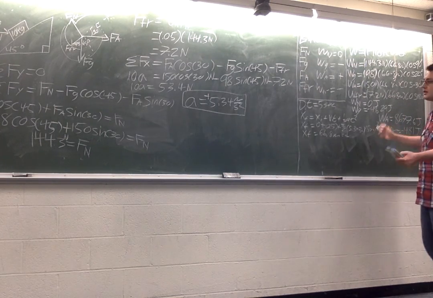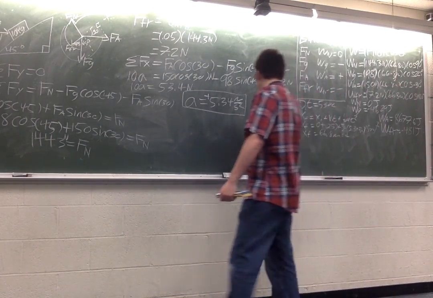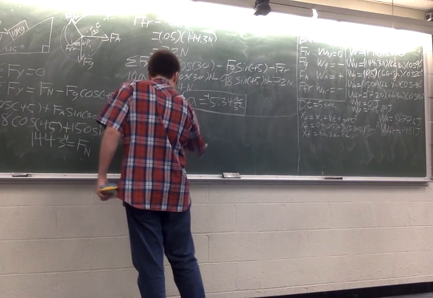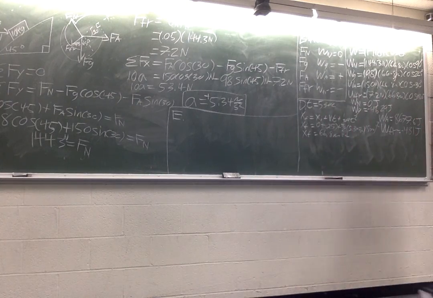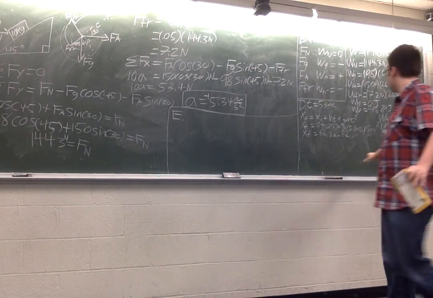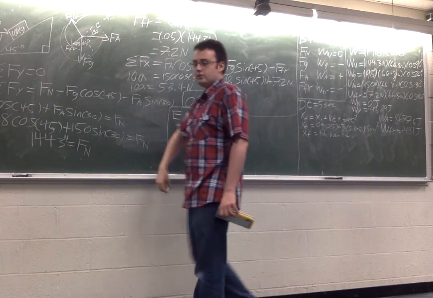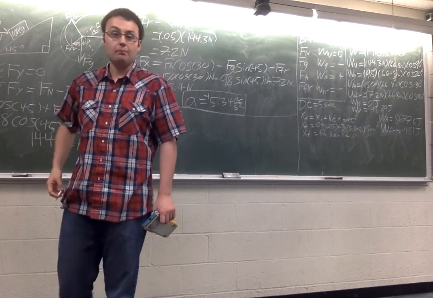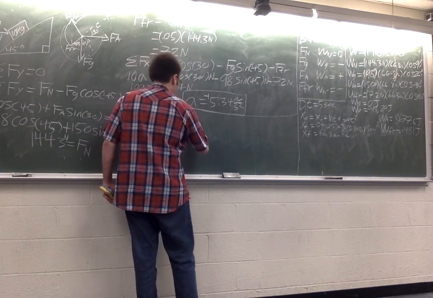So that's D. We have completed D. We've done the forces. E asks us to prove that the total work done by the entire system, meaning the sum of these works that we calculated, is equal to the change of kinetic energy of the system. So the first thing is I need to get a total work.